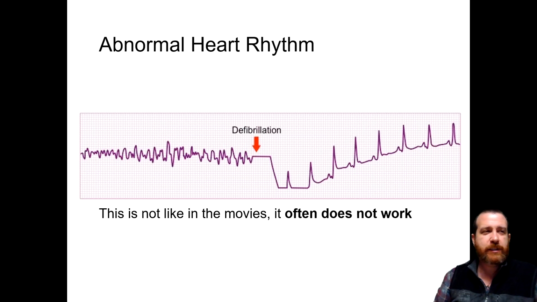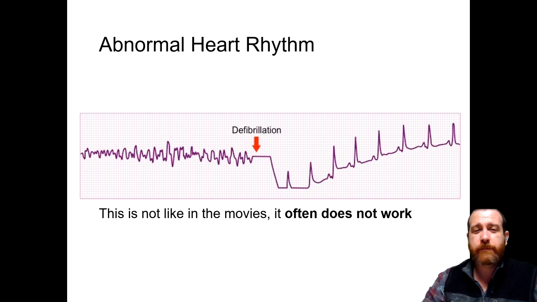I haven't actually seen it since 2009, but I'm guessing it's probably the same. Somebody defibrillates, you stick the paddles on them, and they come back. That's not really how it works. It's never really worked like that.